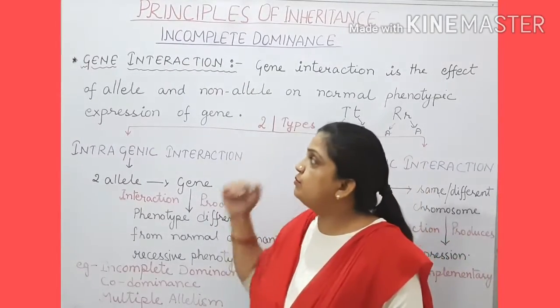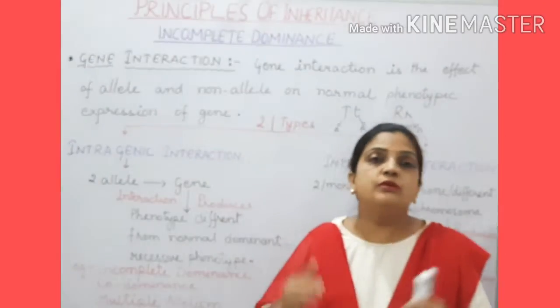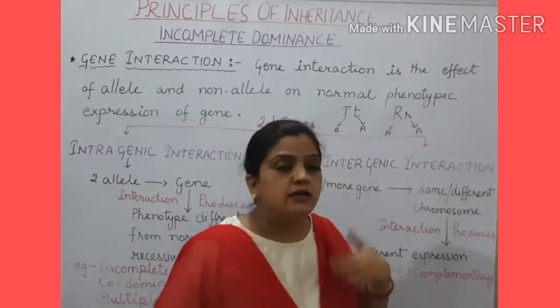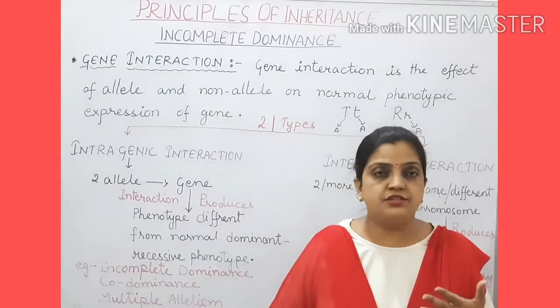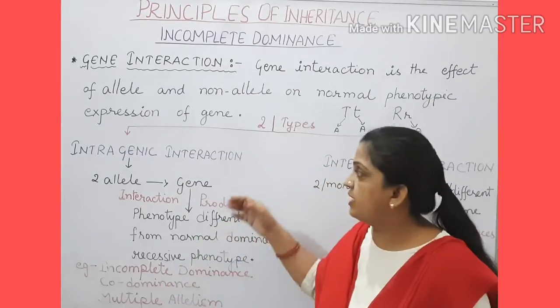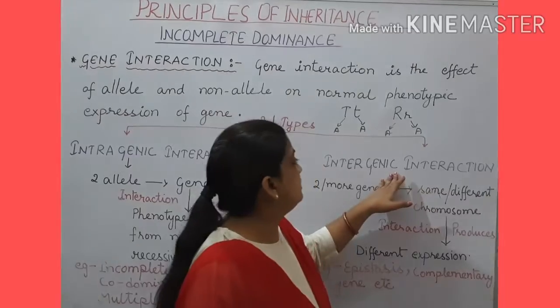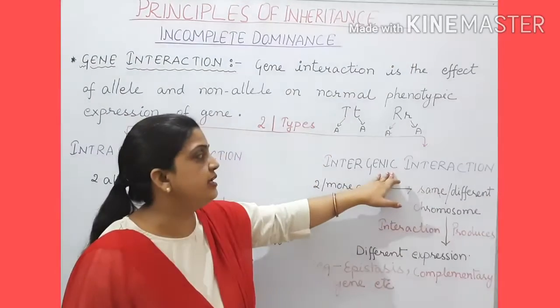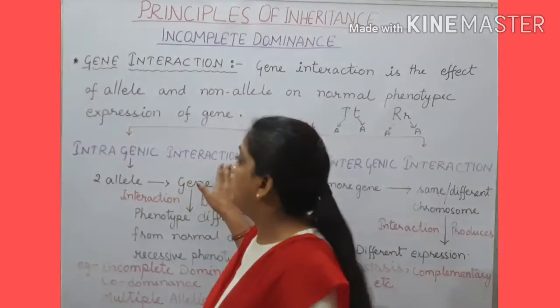Now if I move ahead with the same gene interaction to make this example more clear, your gene interaction is of two types. Gene interaction can be classified into two types. One, it can be classified as intragenic interaction and the other can be classified as intergenic interaction. So this is your allelic.